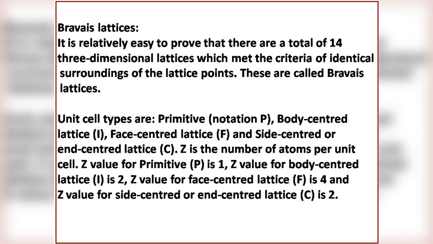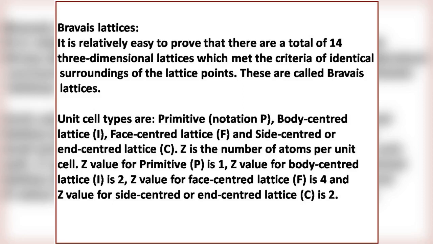There are 4 types of unit cell: primitive, notation P; body-centered, notation I; face-centered, notation F; and side-centered or end-centered, notation C. Z is the number of atoms per unit cell.